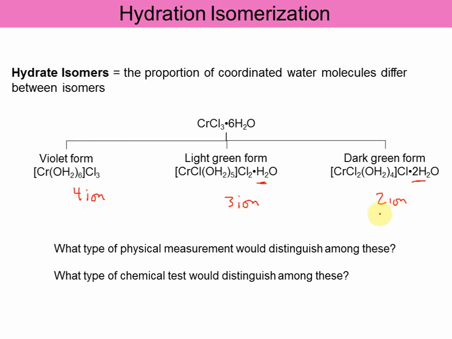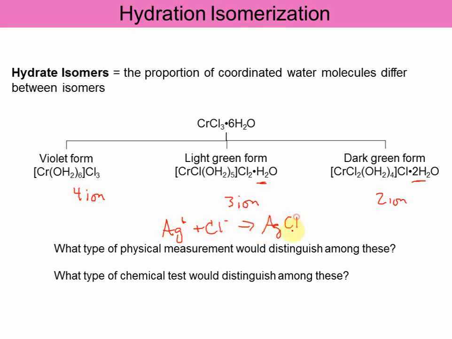But a chemical test that we can distinguish between these would be, what about if we added silver plus to these? If I add silver, the chloride counterions will combine with the silver to make silver chloride. And silver chloride is very insoluble and it precipitates out.